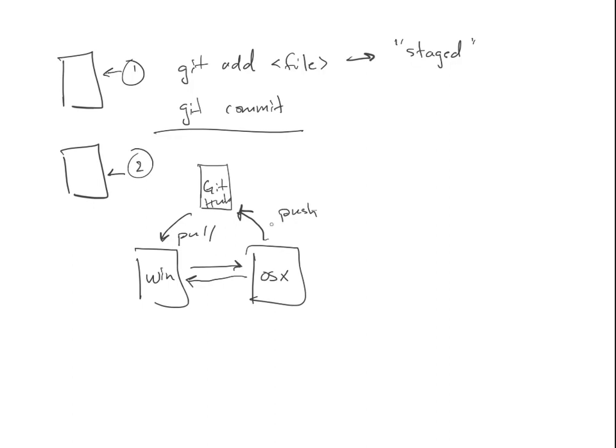Okay, so git push. The command is git push, and then that pushes it up to a server that you specify. So it's like git push origin, and then this is just some server name, git colon blah blah blah somewhere, and then git pull.